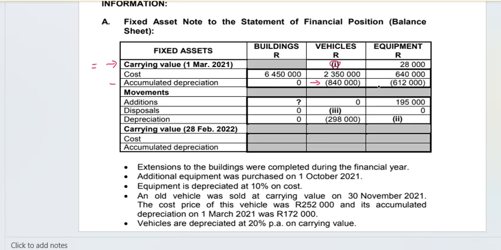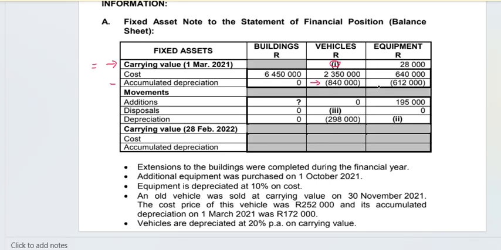Calculating depreciation will always require you to calculate old and remaining. Old and remaining is the first depreciation that you need to calculate.